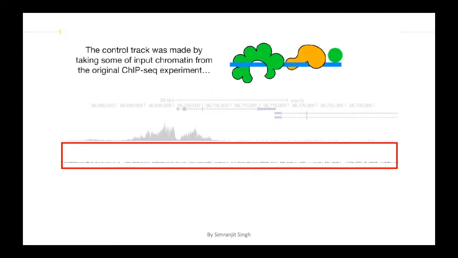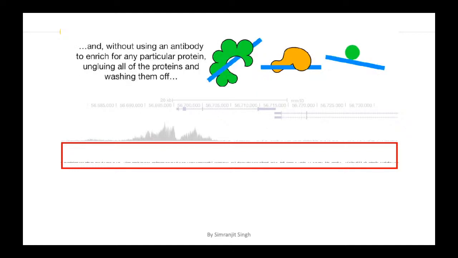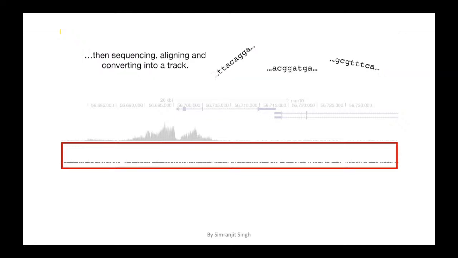The control track was made by taking some of the input chromatin from the original ChIP-seq experiment, and, without using an antibody to enrich for any particular protein, ungluing all the proteins and washing them off. Then sequencing, aligning, and converting into a track.